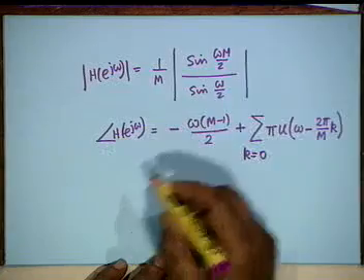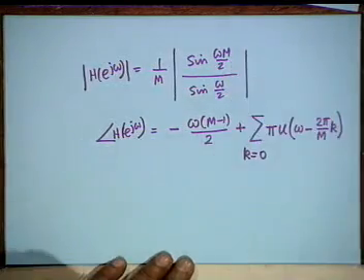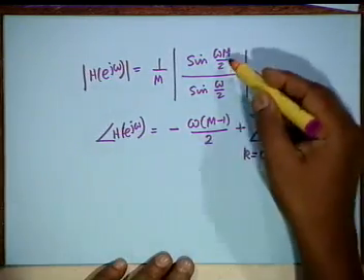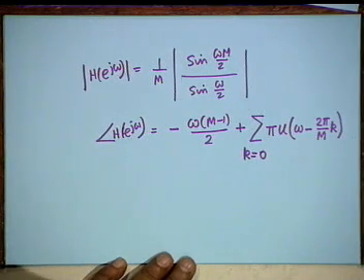Our range of vision is omega equal to 0 to pi, and therefore when sine of omega M by 2 becomes pi, then the transition stops. But M by 2 may or may not be an integer. So where would the last transition occur?